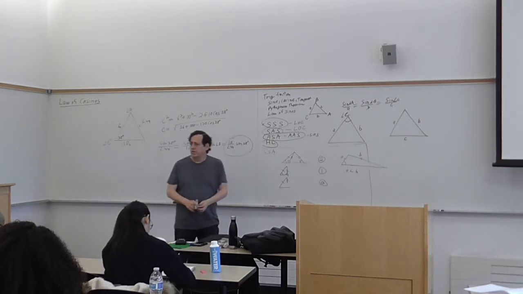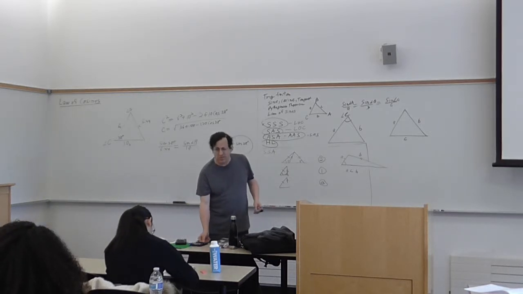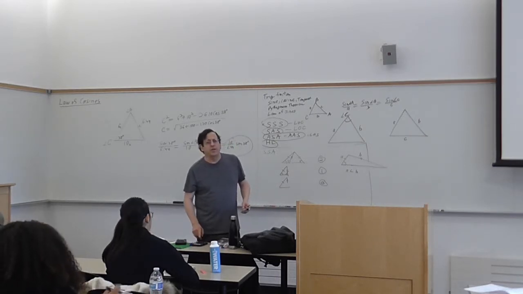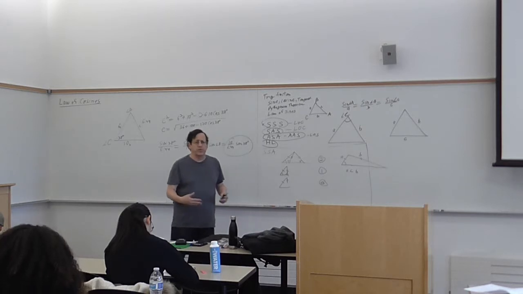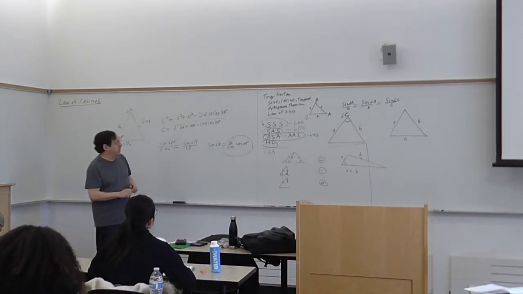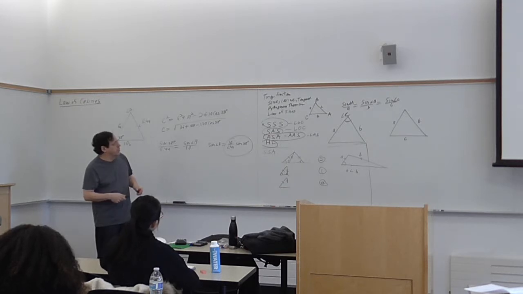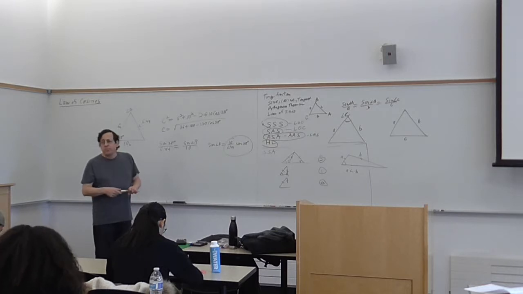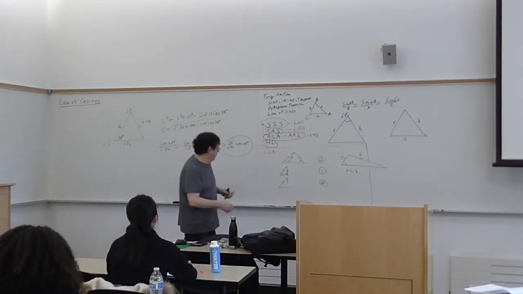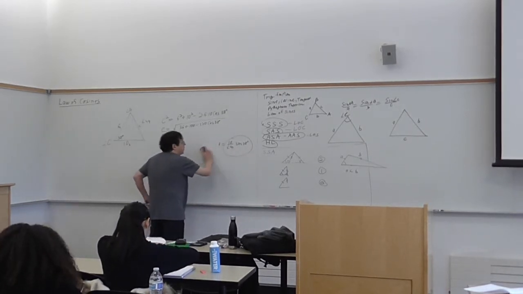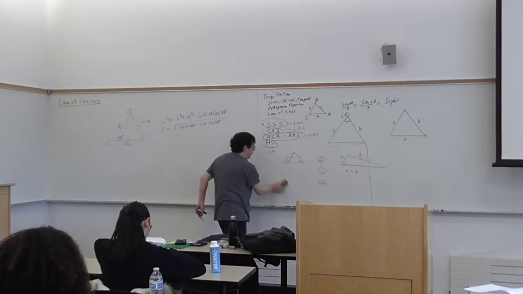Any questions on this? We're going to move on and do some other things with trigonometry, but this is one of the most basic parts you need to know. All right, why don't we look at a couple more problems, just so we're on track.